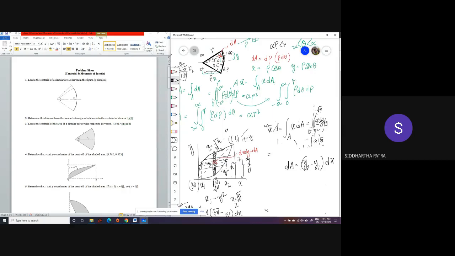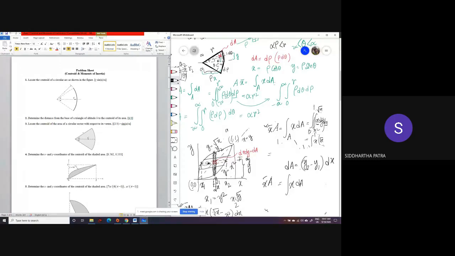It is quite useful when you are trying to get x bar times A, because in that case x is not changing. On this entire differential area the x is not changing, so doing this would not be much of inconsistent.